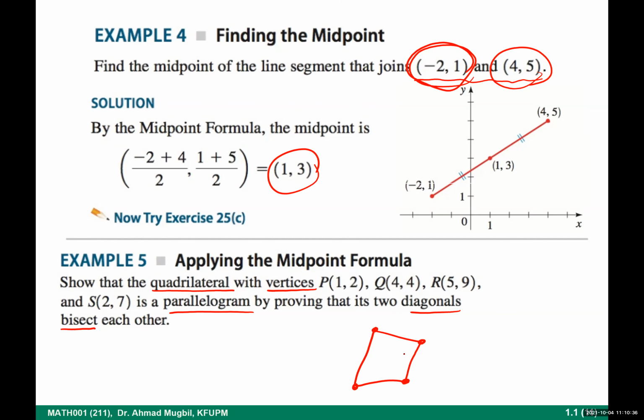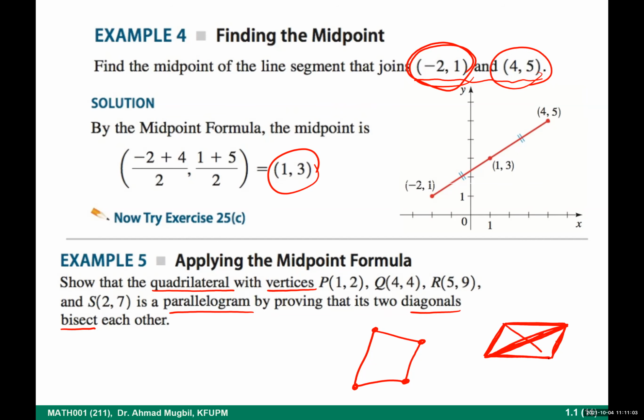Now, what we want to show is that it is a parallelogram. What is a parallelogram? It is a geometrical shape that has a specific feature. It has two lines that are equal to each other and parallel to each other, and two other lines. But the main feature of this parallelogram is this: its two diagonals. This is a diagonal.